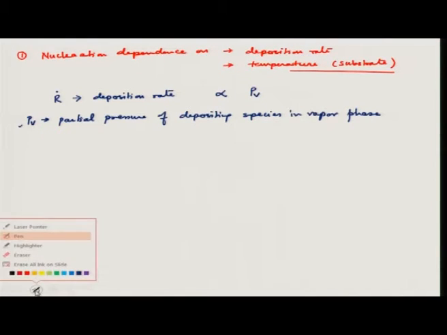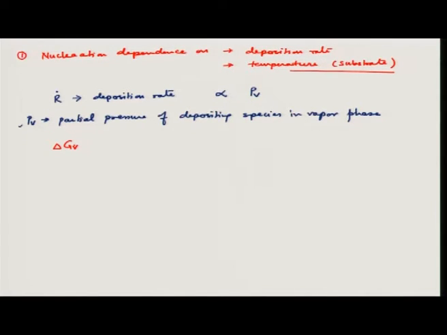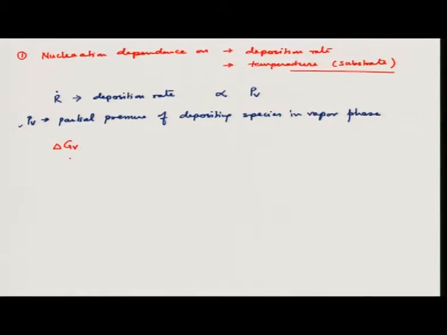So, this is the dependence. Okay. We also can say that delta GV, the change in free energy due to phase transition from vapor phase to film phase. Okay. Now, this film phase we are not defining as either solid or liquid, because it is a different phase, because a few atoms, if they are coming from vapor phase to surface, we cannot define them as either liquid or solid. So, they are just few atoms, okay, which are being adsorbed. So, just the phase transition from being in the vapor phase or being adsorbed on the surface.